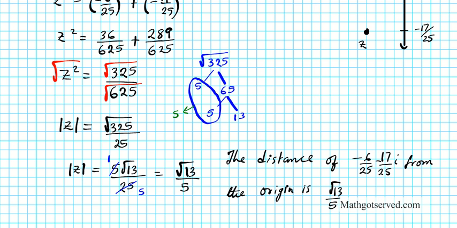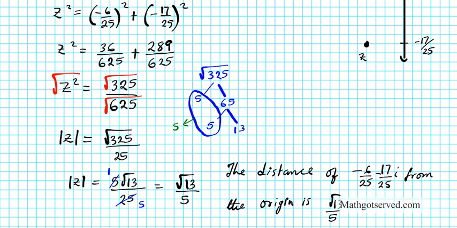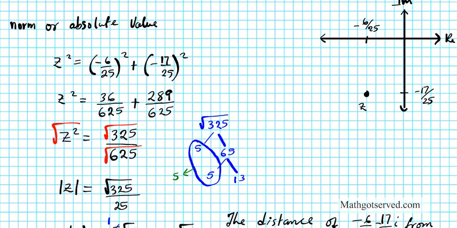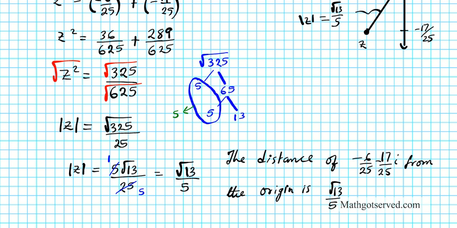All right, root 13 over 5. So we can illustrate that in our graph just by connecting it to the origin. Let me just put that on the graph. Just connect that right here. Okay? And then this measure right here is root 13 over 5, the absolute value of z. All right? So there you have it.